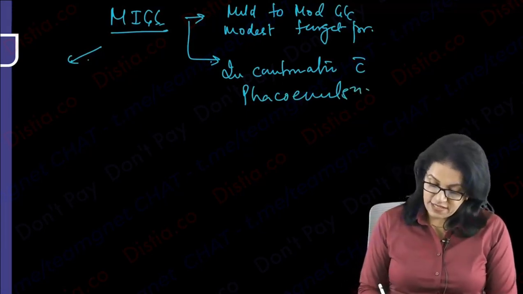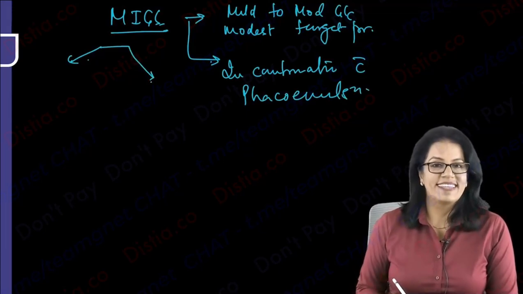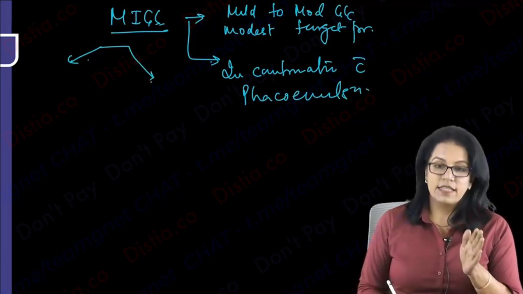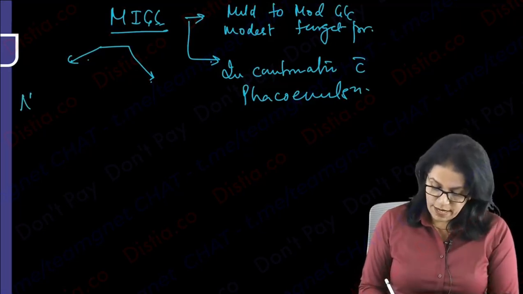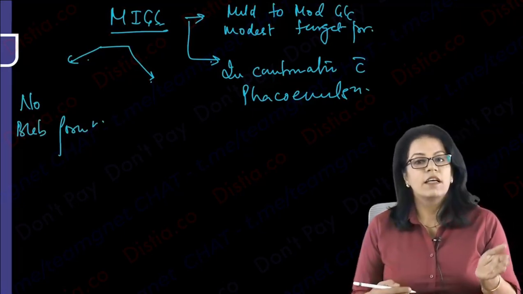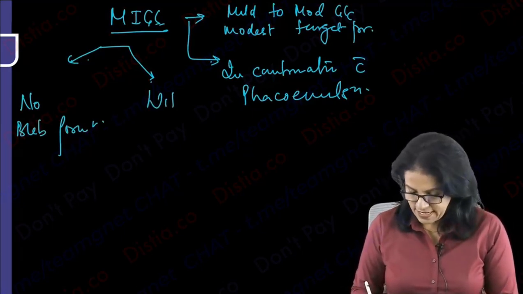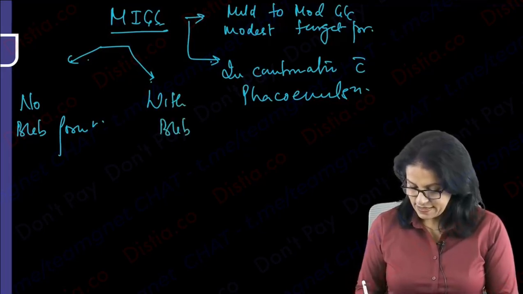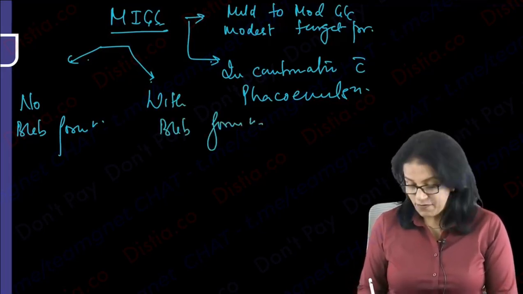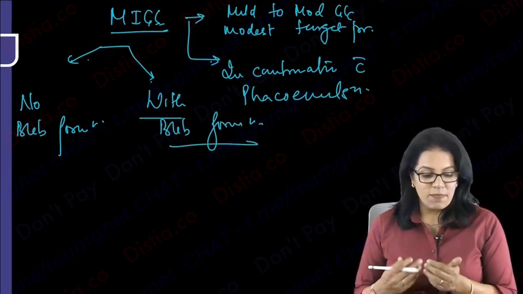Now, we can divide this MIGS in two ways. Either surgeries with no bleb formation or with bleb formation. Let's divide it like this. When we say with bleb formation, what is the implant?